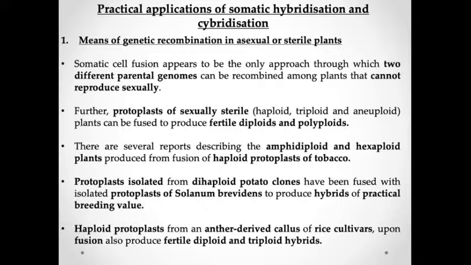There are several reports describing amphidiploid and hexaploid plants produced from the fusion of haploid and diploid protoplasts of tobacco. Protoplasts isolated from dihaploid potato clones have been fused with protoplasts of Solanum brevidens to produce hybrids of practical breeding value. Further, haploid protoplasts from the anther-derived callus of rice cultivars upon fusion also produce fertile diploid and triploid hybrids.